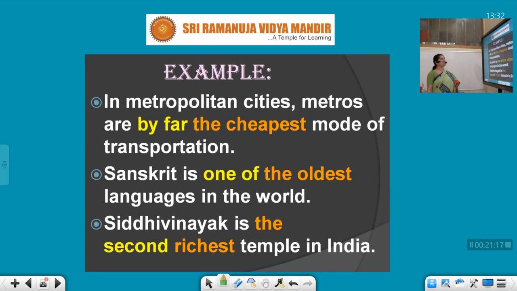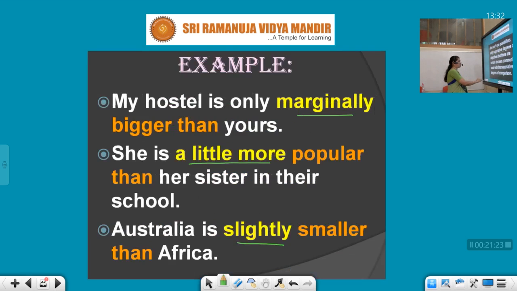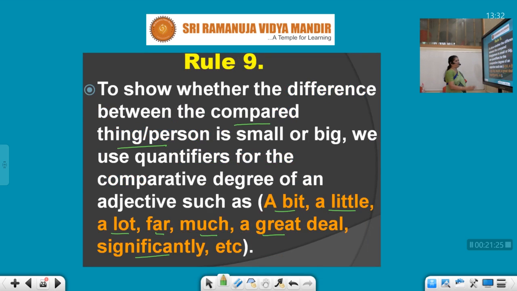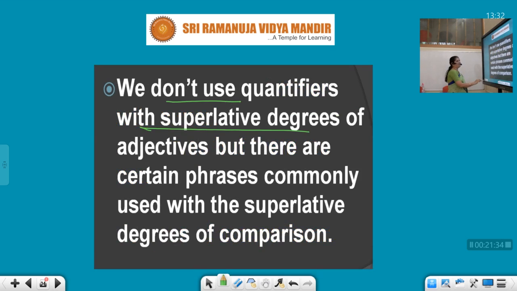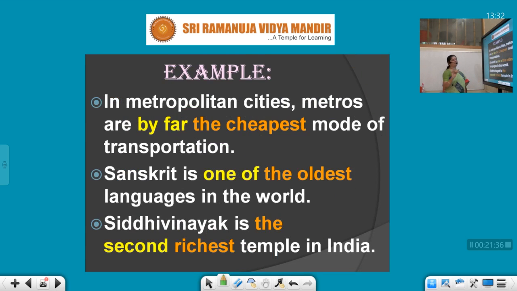In metropolitan cities, metros are by far the cheapest mode of transportation. Can you see the quantifier, students? By far. Where is it? Here. So in certain cases only, we will use it for superlatives.